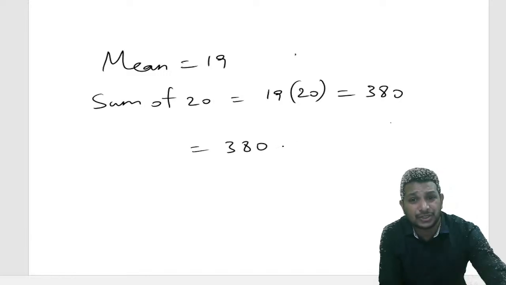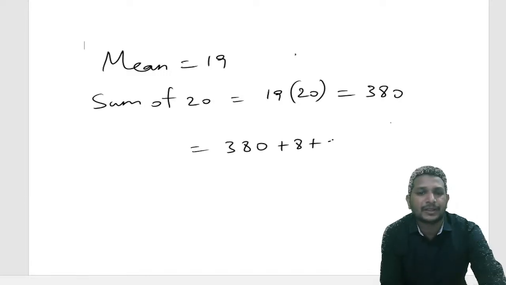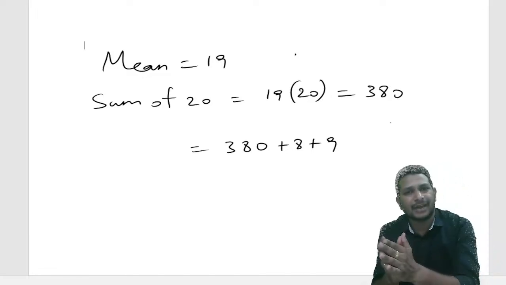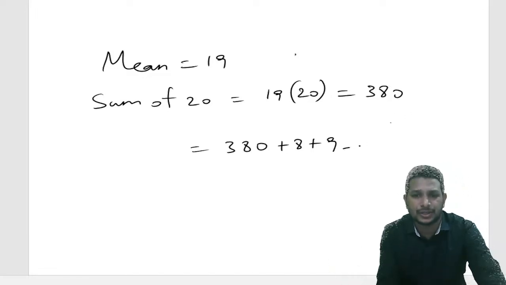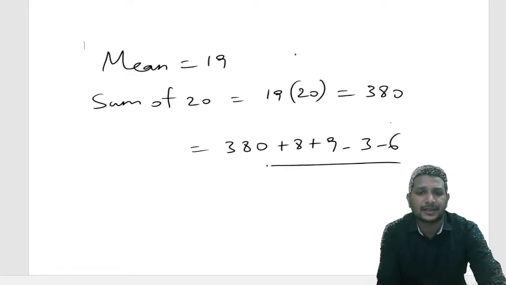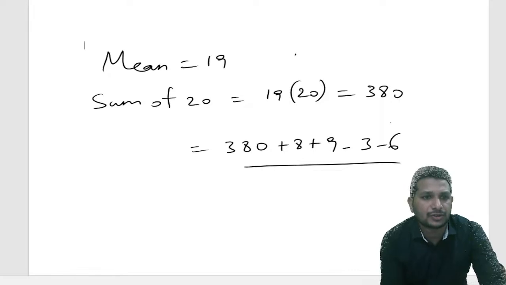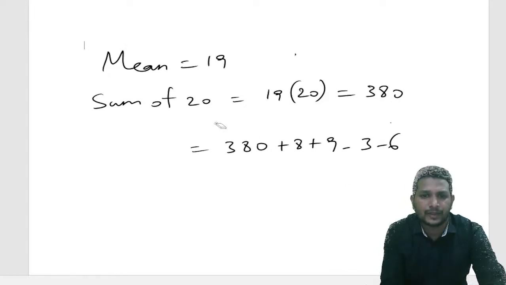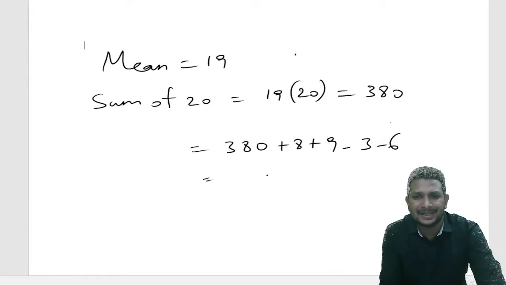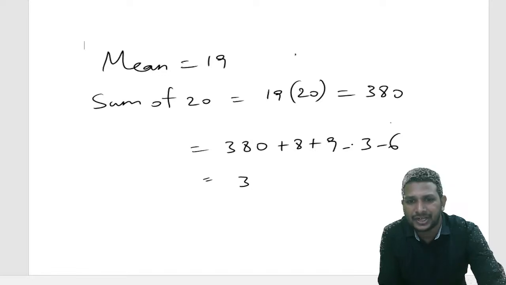What are the correct values from that? Always add the correct values and subtract the wrong values. Minus 3 minus 6. So how much if I calculate that? 380 plus 17, 397, minus 9, we get 388. 397 minus 9 means 388.